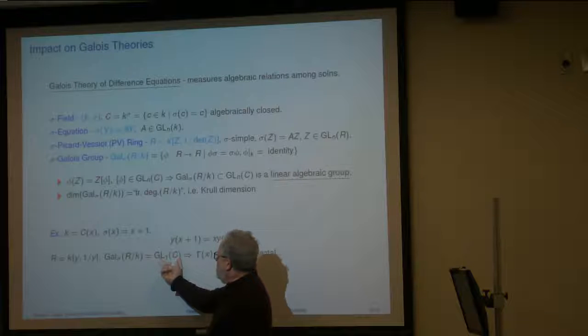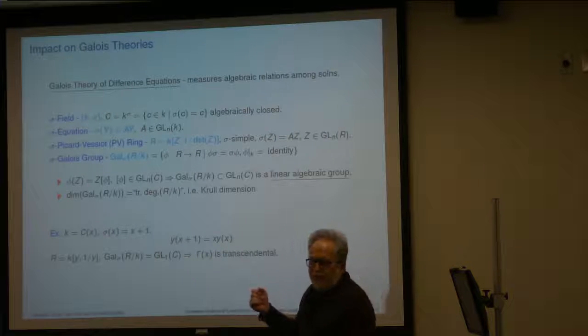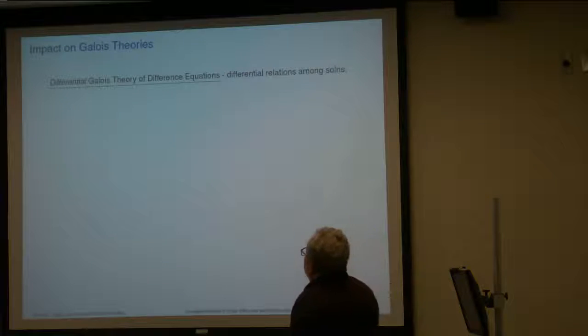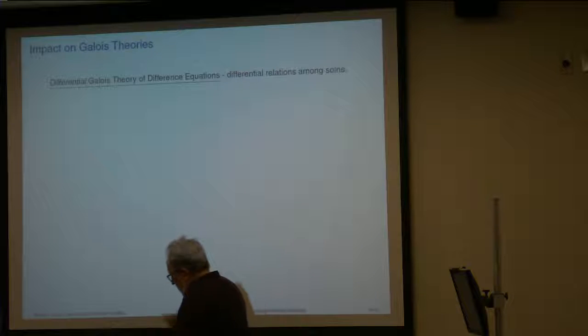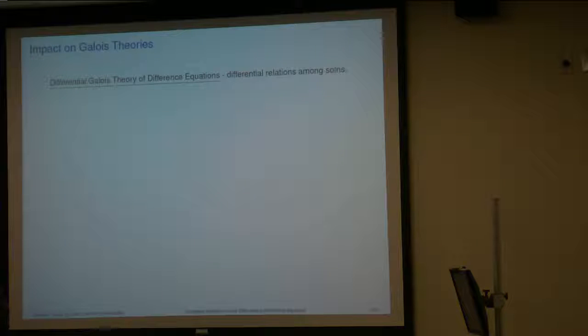This has dimension 1. So the transcendence degree when you adjoin gamma of x is 1. That just means it's transcendental. Okay. That's it. Now the differential Galois theory of difference equations. So here I have a difference equation, and I want to measure the differential relations among the solutions.